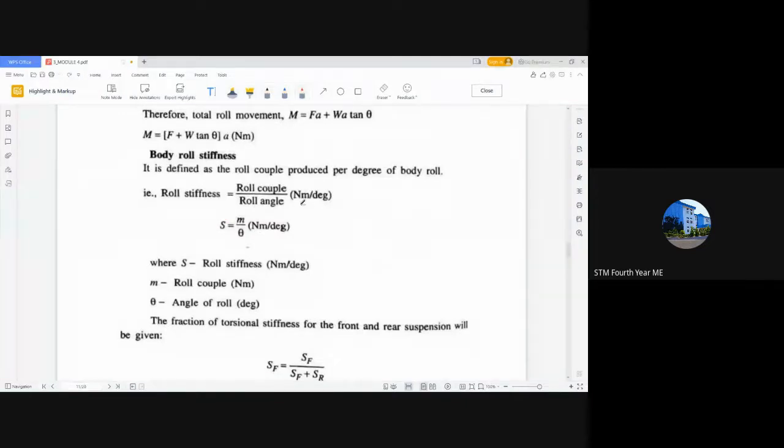Please write down the units also. Newton meter by degree. Newton meter is the unit for moment, and degree is the unit for theta. Where S is the roll stiffness, M is the roll couple, and theta is angle of roll.